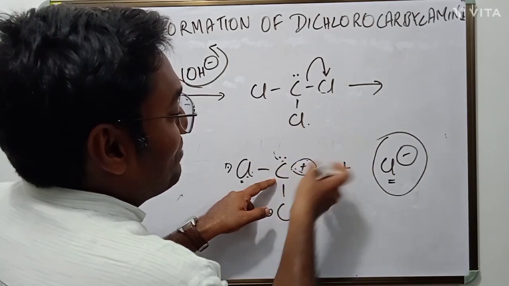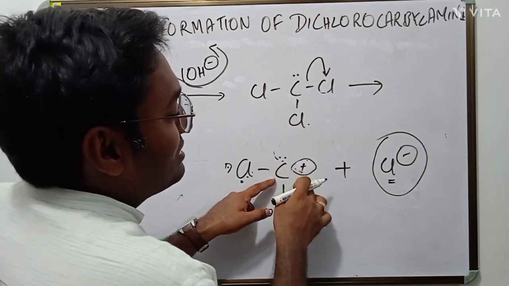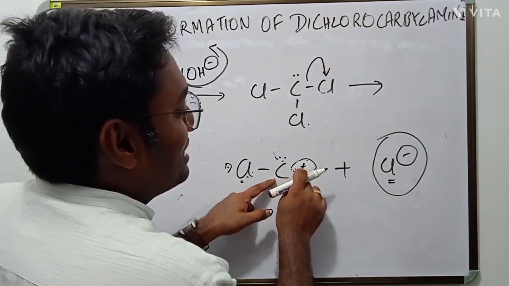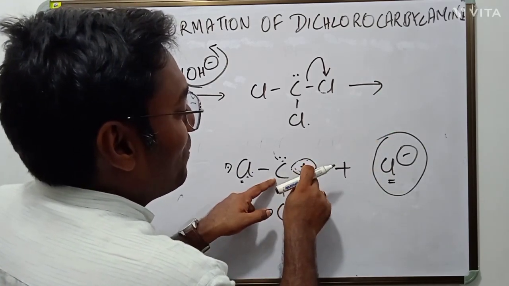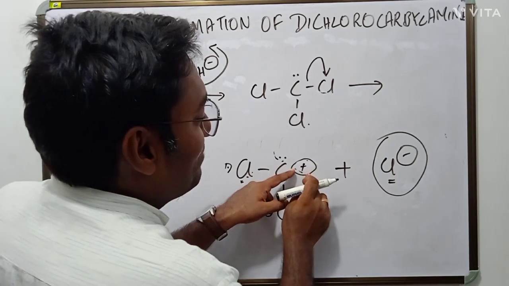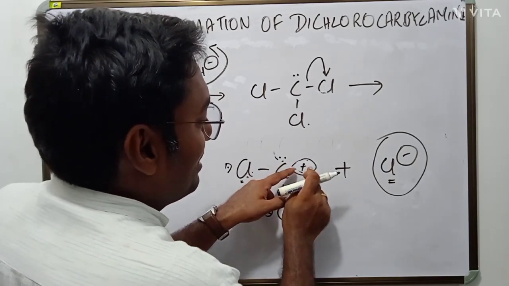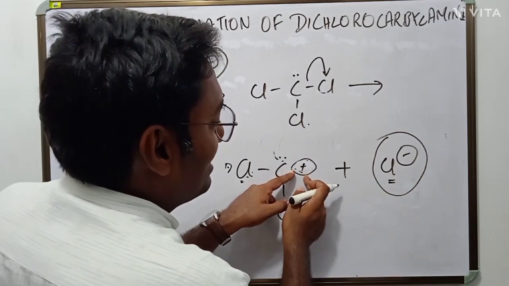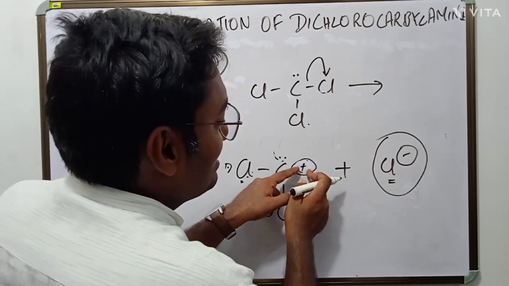It needs a pair of electrons in its orbital, which phenoxide ion would give. We will see that in step 2. That is why the mechanism was nucleophilic addition of phenoxide ion. The phenoxide ion comes and adds. It gives the electron pair to it, because it's an empty orbital here.